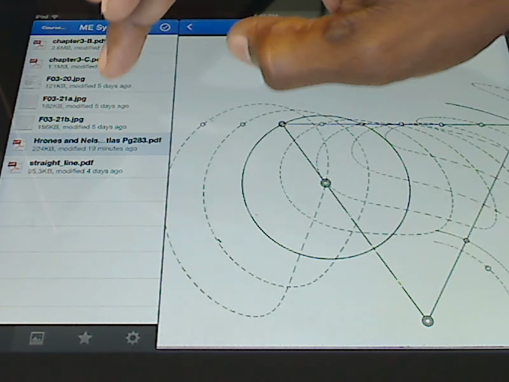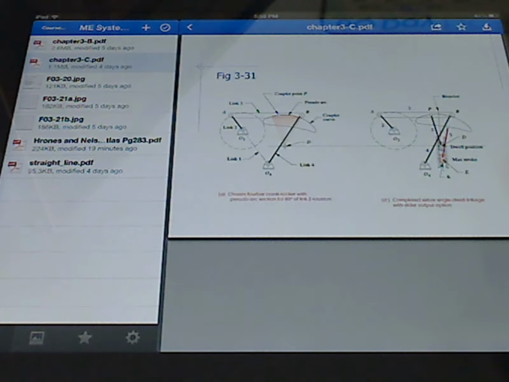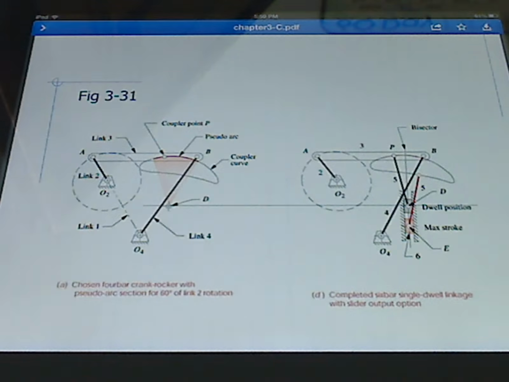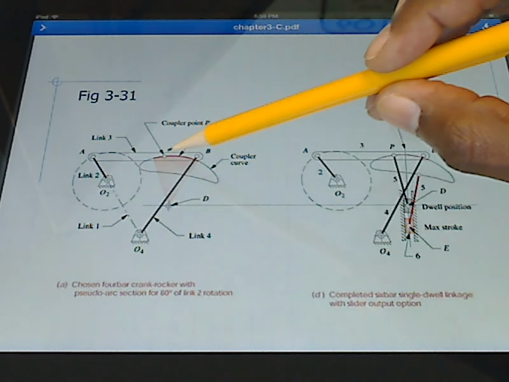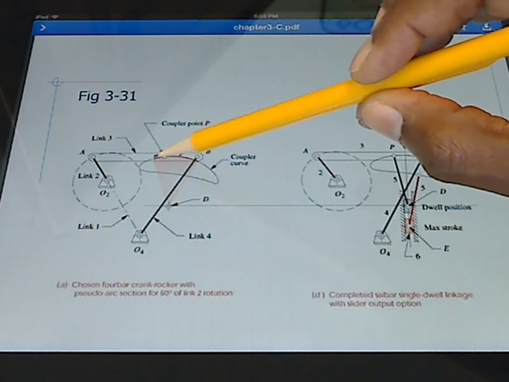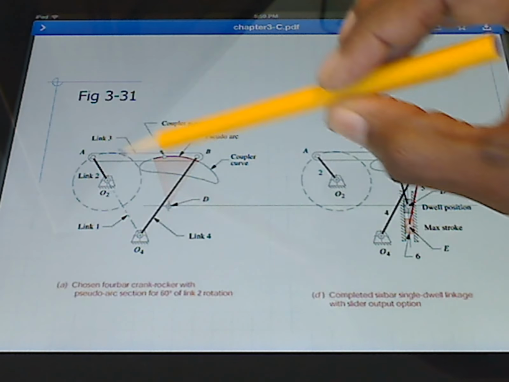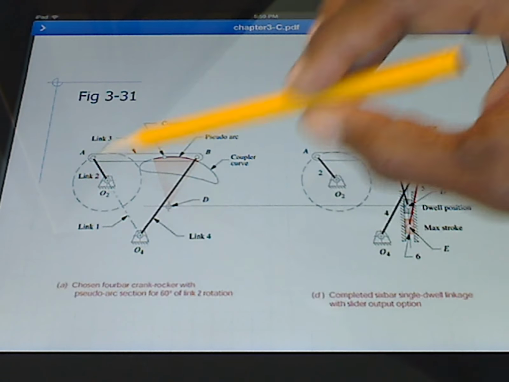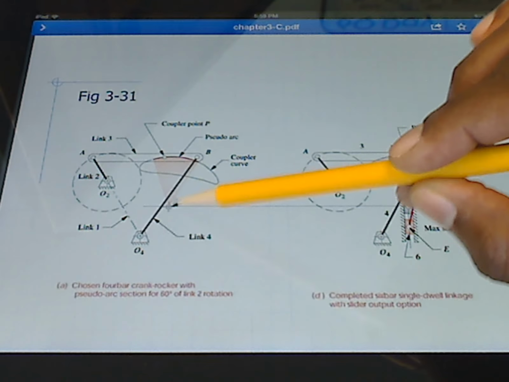And so now I'm going to go back to those notes and pick up where we left off here, where we're looking at this example problem. And so once we found an arc that contains about the amount of distance that we need to get about this crank rotation, which is about 60 degrees of crank rotation in this case, we need to find the center of that arc.